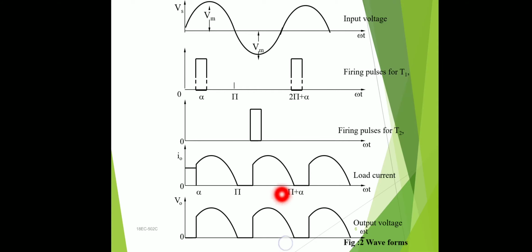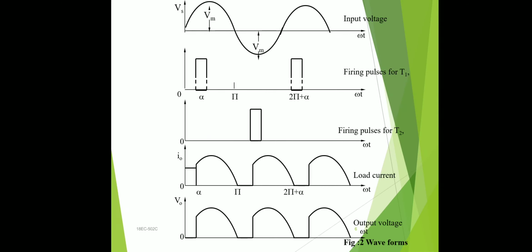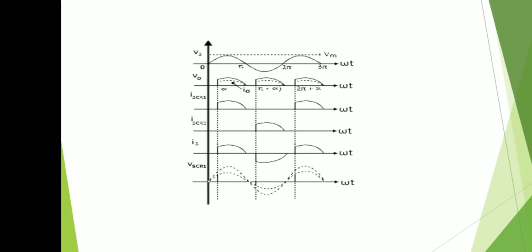Output voltage and the input current. These are the output voltage and output current waveforms, load current and output voltage. More clearly you can see this.